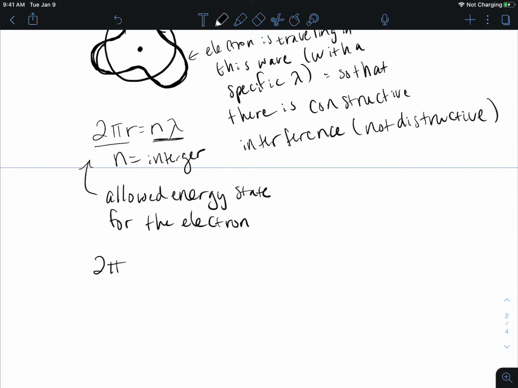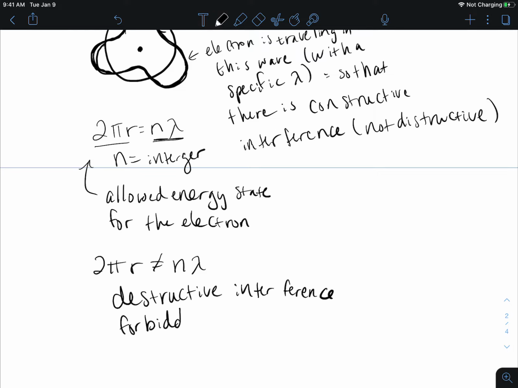If 2πr does not equal nλ, then there will be destructive interference, which again would spiral into the nucleus and explode. So this is a forbidden energy state. It does not exist. The electron will not go there.